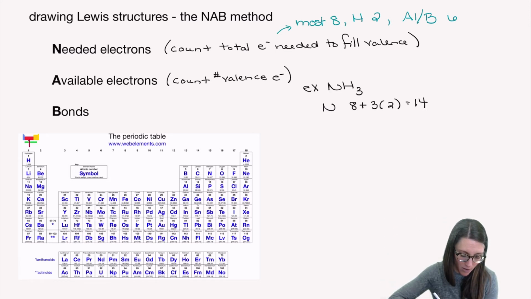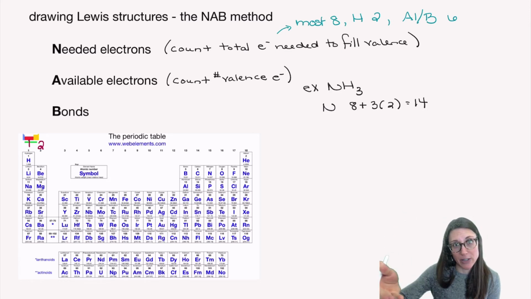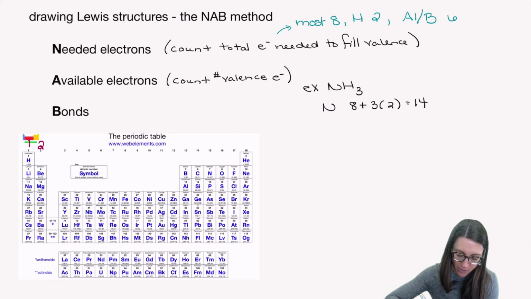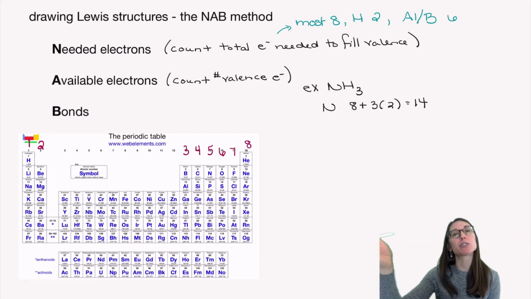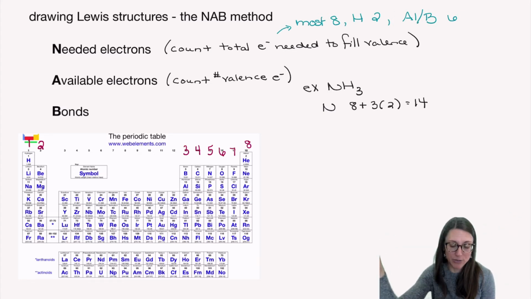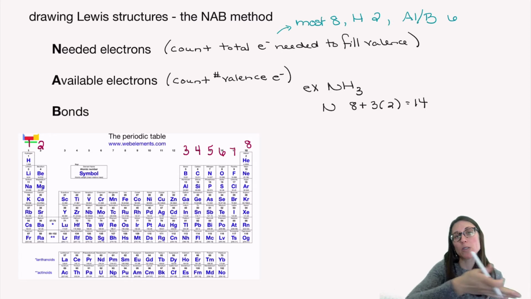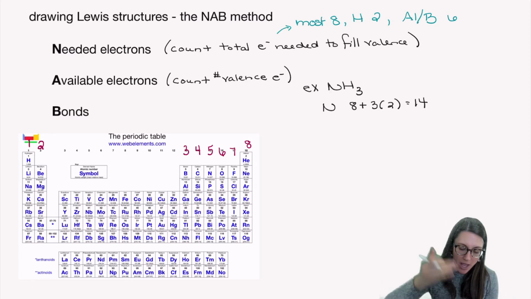Everything in the second column, those have 2 valence electrons. Skip the middle, still skip the middle. Everything in the third column gets 3, 4, 5, 6, 7, 8. So you're just going to count from left to right to count the number of valence electrons you have.